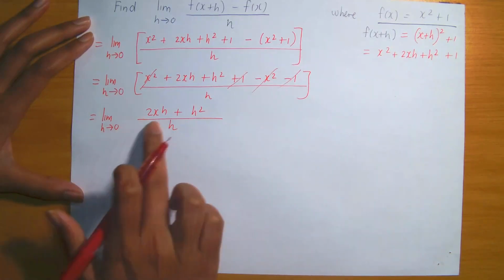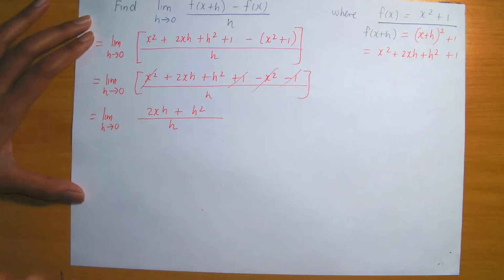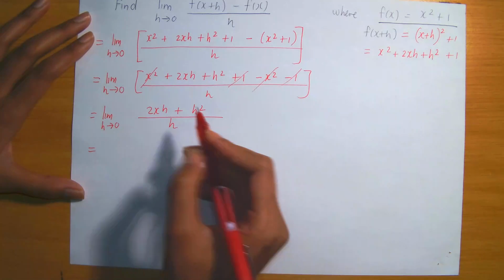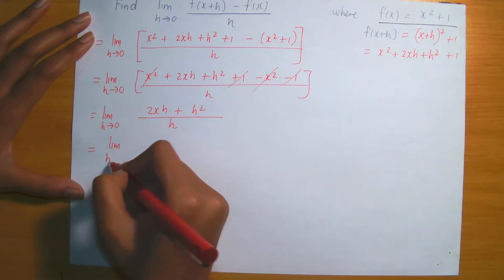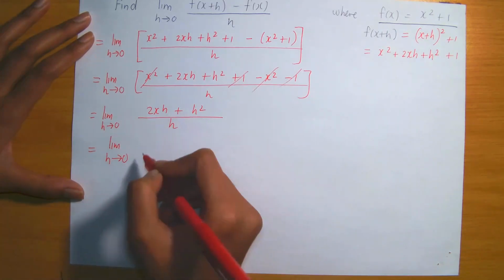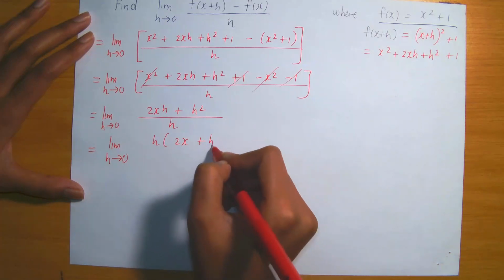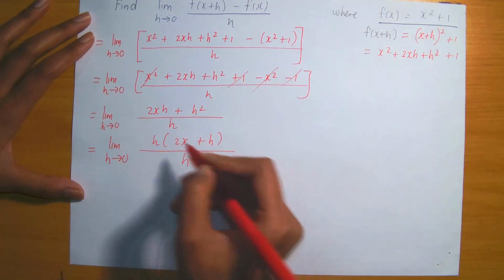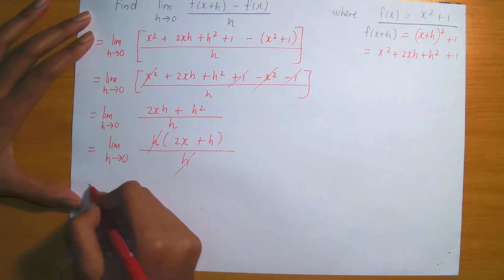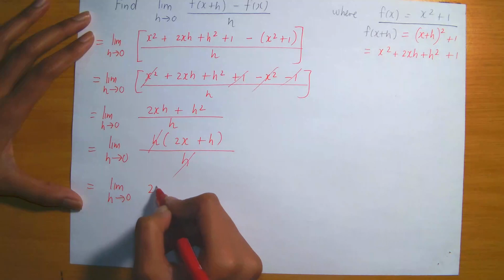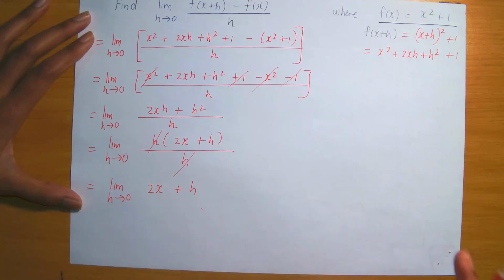Once again, observe in this quotient, I still cannot employ that limit property of distributing it into the numerator and denominator. So I still need to simplify. So now observe in the numerator, I can factor out h, and I'm left with 2x plus h divided by h. So those cancel, and now I'm left with the limit as h approaches 0 of 2x plus h.